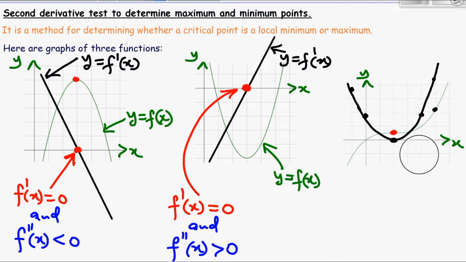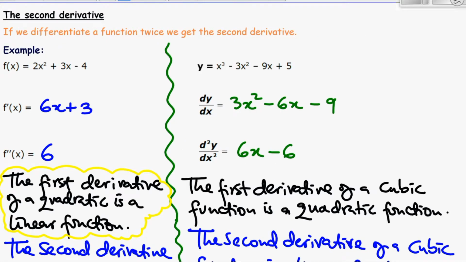And this function here is a cubic function. This is a cubic function, which is no surprise because we know that the first derivative of a cubic function is a quadratic function.